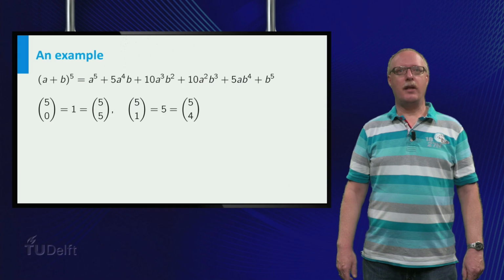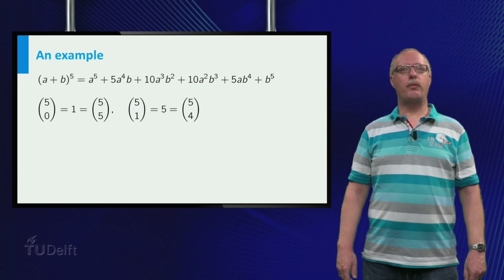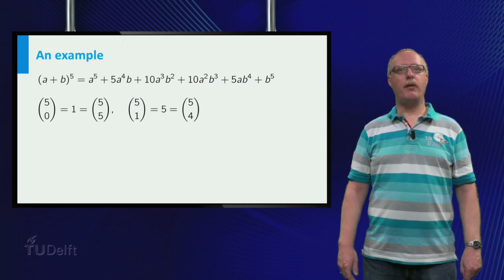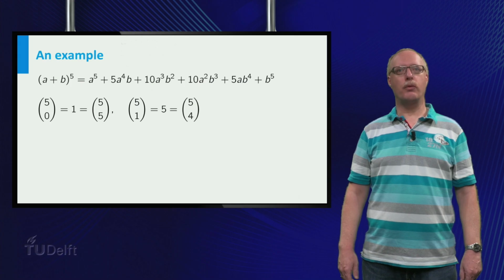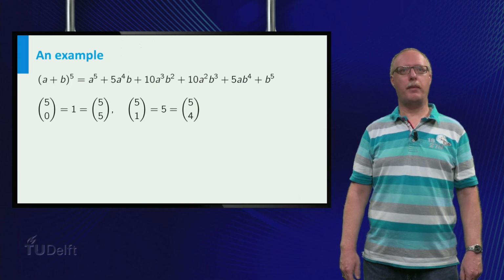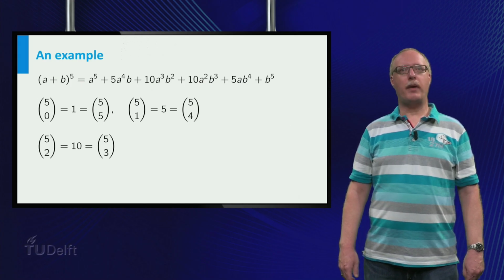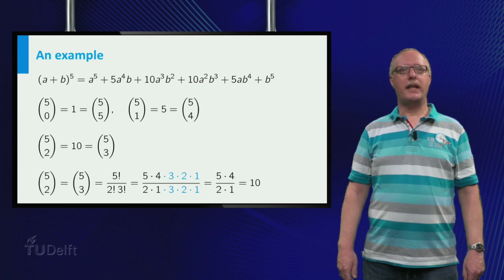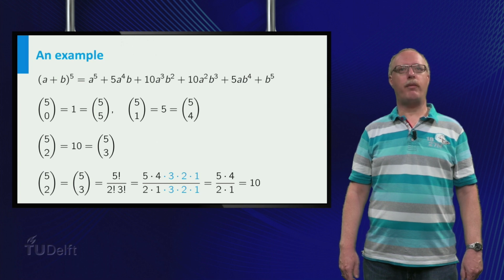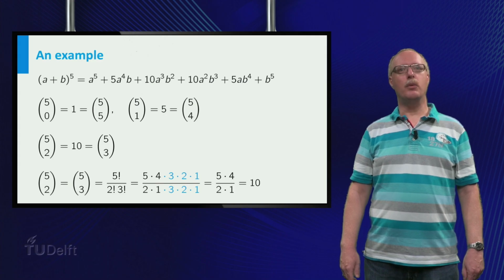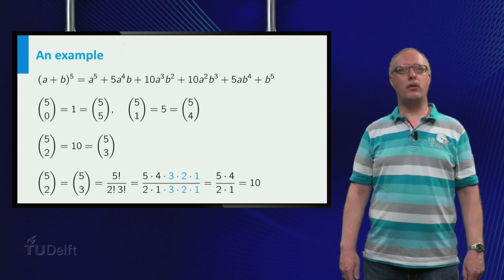Note that 5 choose 0 and 5 choose 5 both equal 1, and 5 choose 1 and 5 choose 4 both equal 5. Furthermore, 5 choose 2 and 5 choose 3 both equal 10, which can be seen as follows. By definition, both equal 5 factorial divided by 2 factorial times 3 factorial. This can be simplified to 5 times 4 divided by 2 times 1, which equals 10.